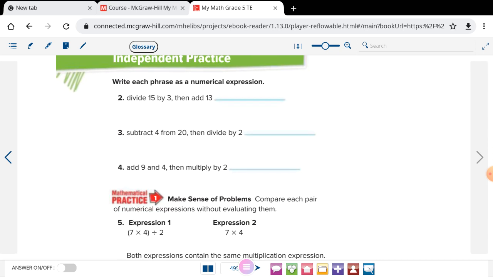Says, write each phrase as a numerical expression. Divide 15 by 3. What does that look like, Sophia? Okay, guys. Let Dominic worry about himself.